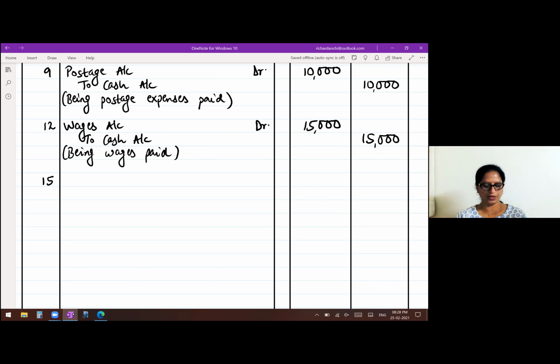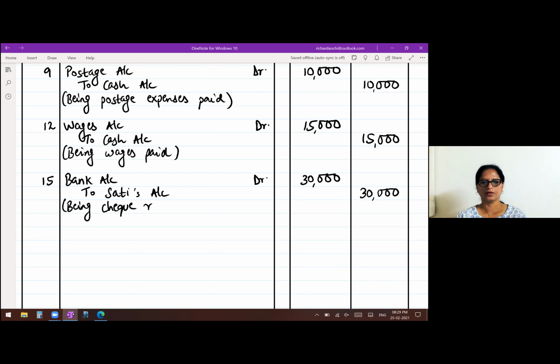So entry here will be bank account debit 30,000 to Sati's account 30,000. Narration, being check received from Sati.